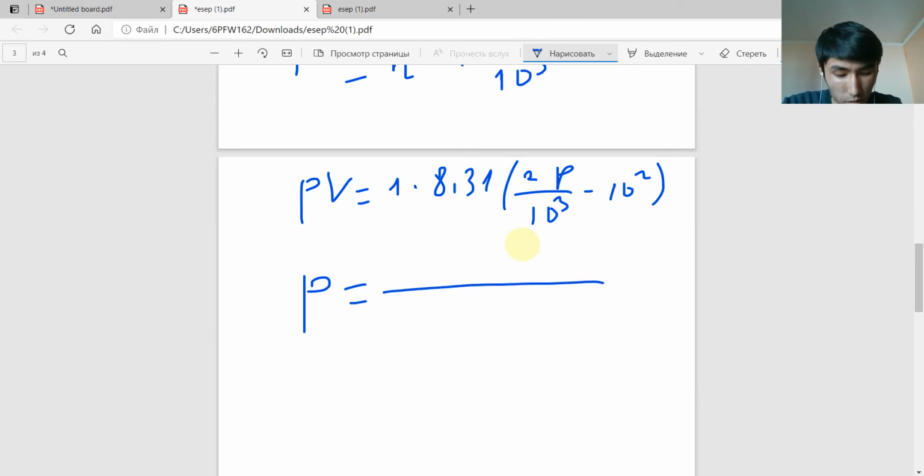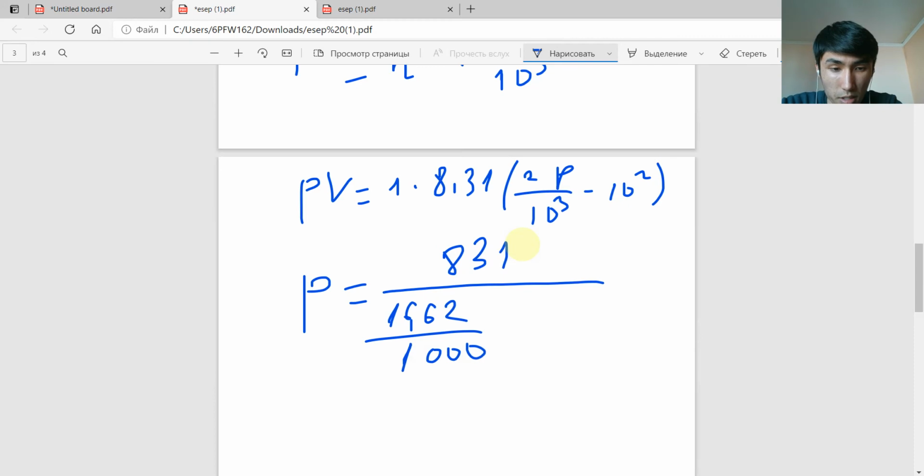P will be equal to 831 divided by 1662 divided by 1000 minus V, right?